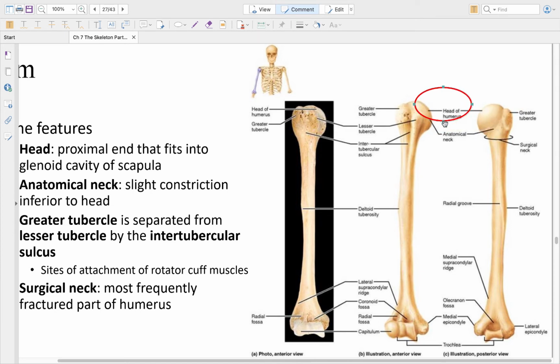And what comes right after a head or right below a head is the neck. Okay, you want the neck, and then you want the greater tubercle, which is right there or there, depending on which way you're viewing it. Notice that this part right here is referred to as the surgical neck.